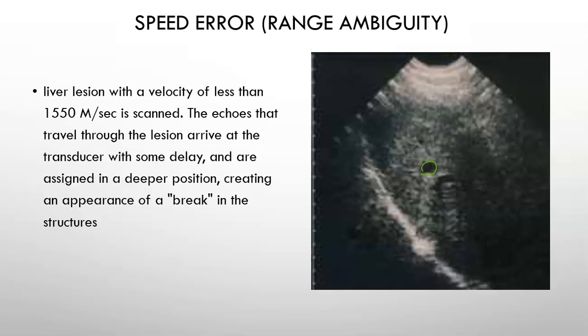And so what happens is the sound goes behind it, and then when it gets in the water, it slows down, which causes the sound to be reflected back to the transducer later than it does from other areas, and it causes a step-off artifact or a break in the distal structures to the cystic.